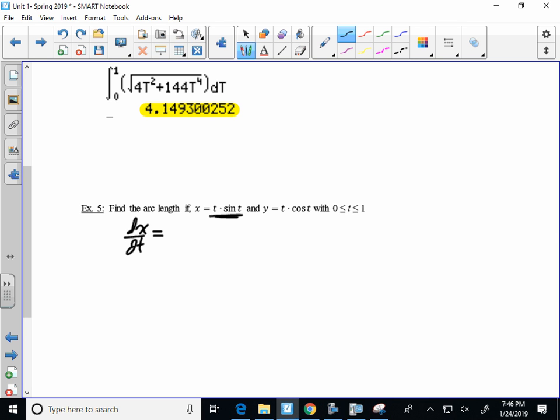Now we have a product of 2 functions, so we do have that road to cross. So we have to use the product rule: first times the derivative of the second plus the second times the derivative of the first. And then the same for the y's.